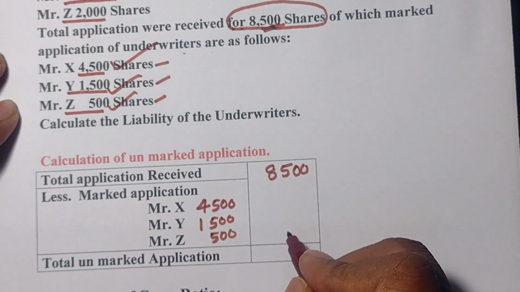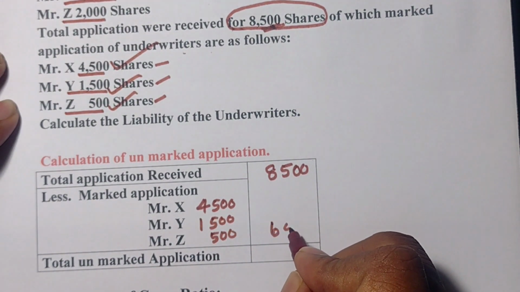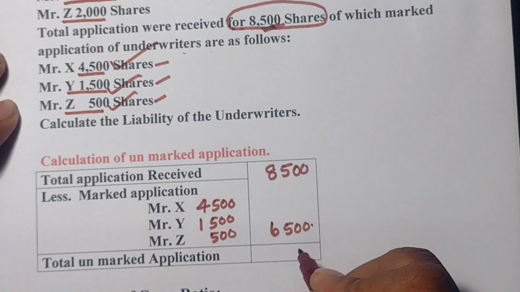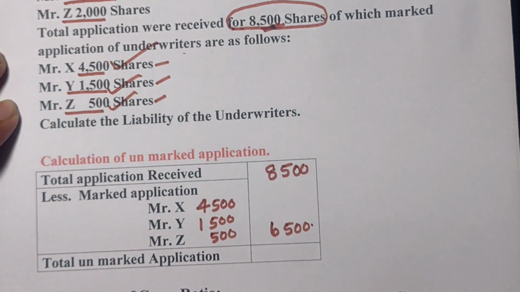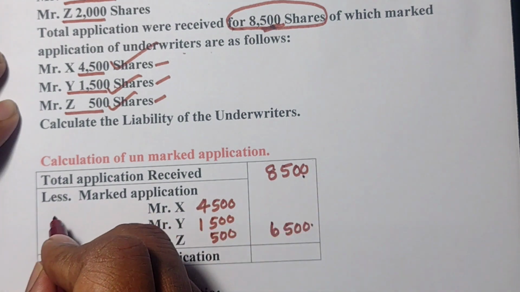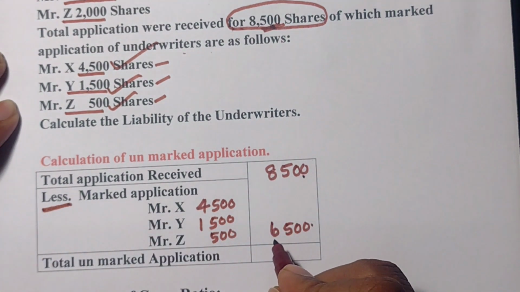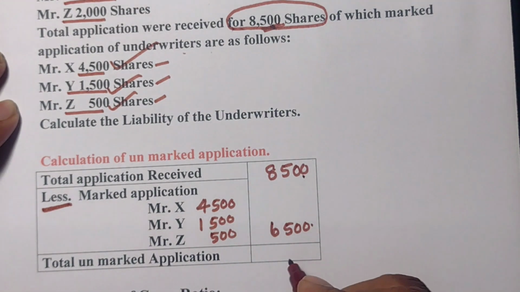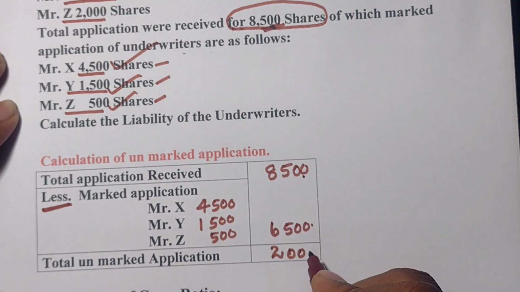So overall the applications received from the underwriters, the marked applications, are 6,500. 8,500 less 6,500 shares. Therefore, the total unmarked application received directly from the public is 2,000 shares.